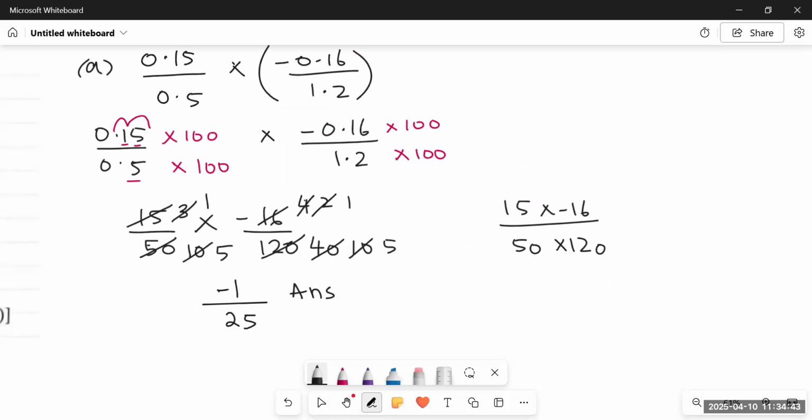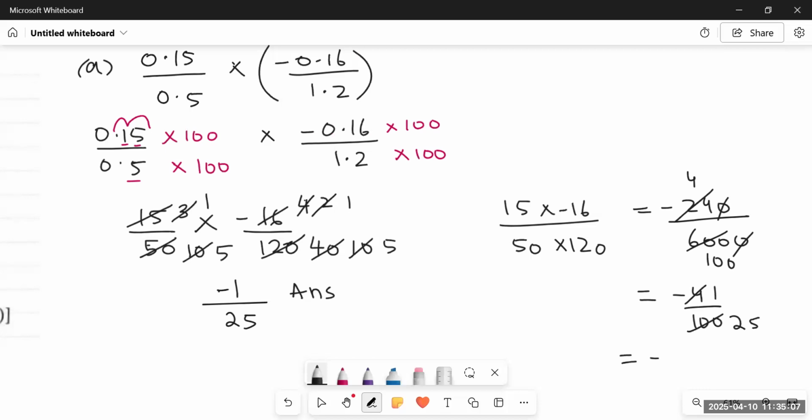If we multiply 15 with 16, we will get minus 240. And when we multiply 2 with 5, we will get 10, and 2 zeros come along. So we will cut the 0 with the 0. 6 4s are 24, 6 hundreds are. And then we can simplify minus 4 with 100. 4 1s are 4, 4 25s are 100. So the final answer would be the same, that is minus 1 upon 25.